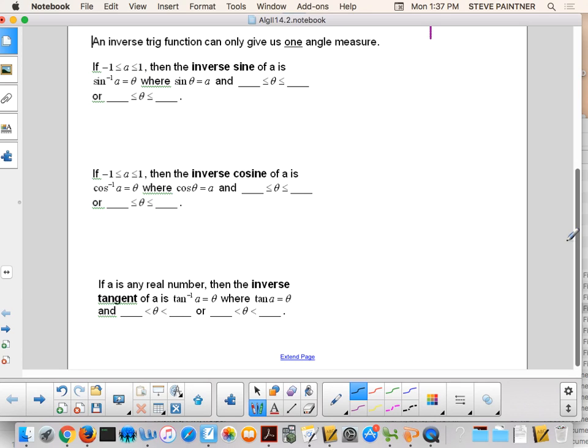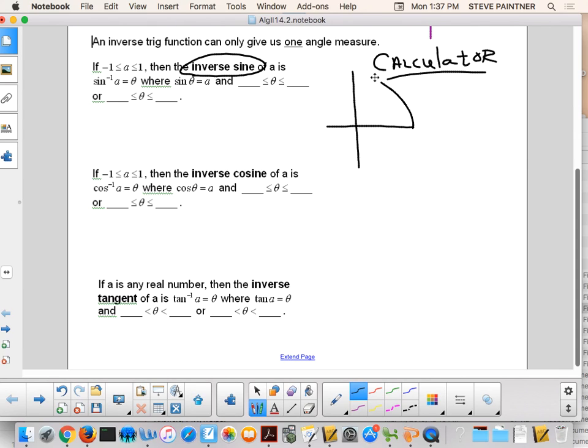Now I'm going to do this quick. Your calculator was programmed to do this one, inverse sine. Where's it going to give the answers? Right here. All positive ratios, all the angles will be in here, from 0 to 90.